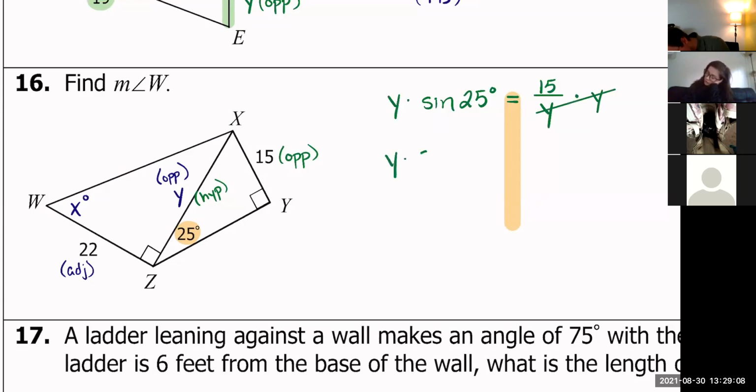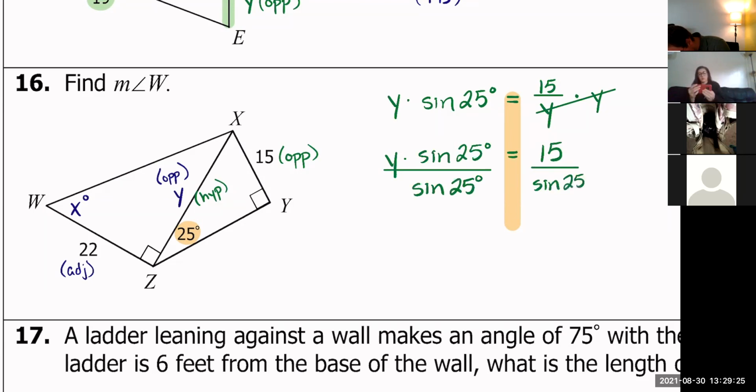Gives me y times sine of 25 degrees equals 15. And then to fully get that y by itself, I need to divide both sides by the sine of 25 degrees. So I have y equals 15 divided by the sine of 25 degrees.